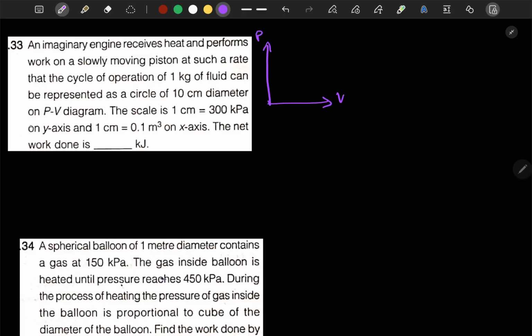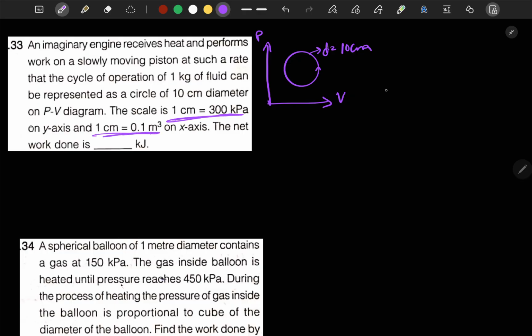It is given that on the x-axis 1 centimeter is equal to 300 kilopascal, while on the y-axis 1 centimeter is equal to 0.1 meter cube.